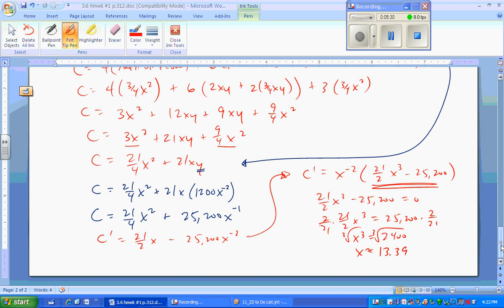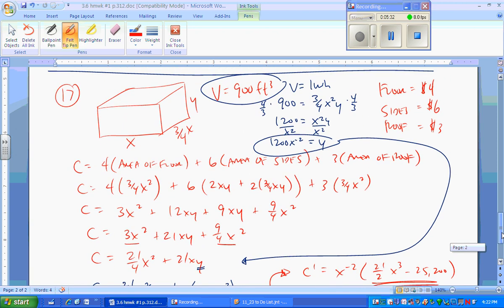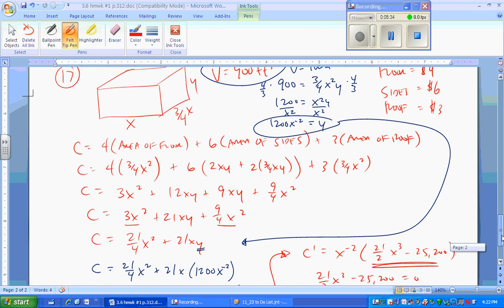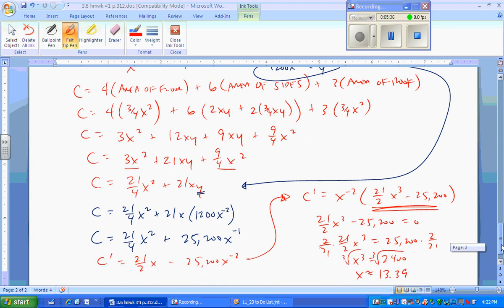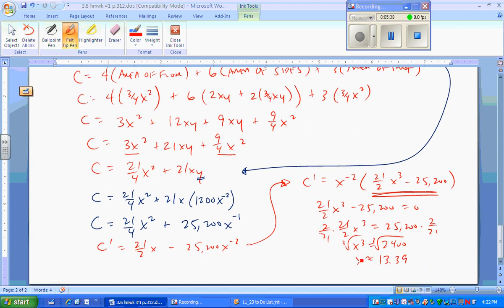We still need to find the other two parts. So for this one, our length is 13.39 feet. Then if we plug in for the width, it's 3/4 that.